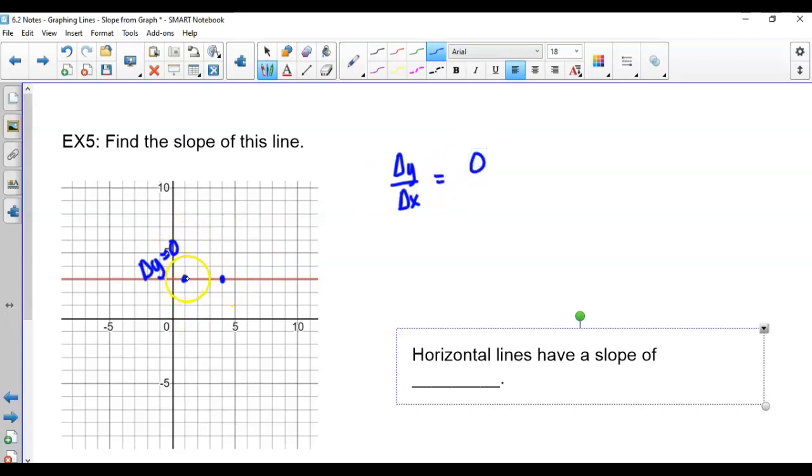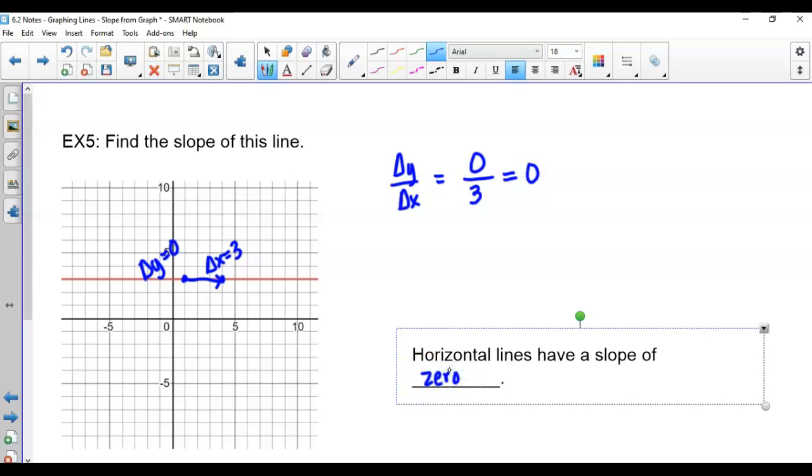And then my change in x, in this particular case, with the points I've picked, would be 3, but I could have picked another point. It really wouldn't matter, because 0 divided by any number is going to be 0. Okay? So horizontal lines have a slope of 0.